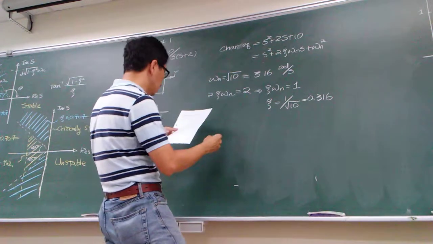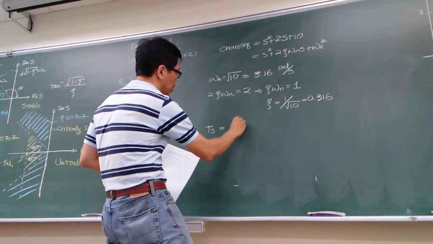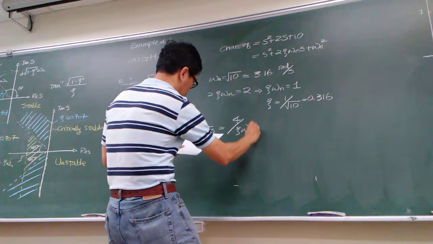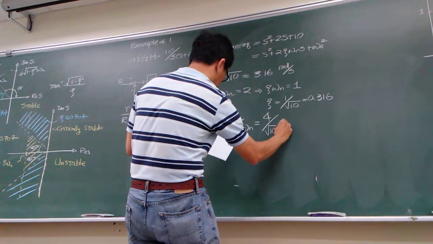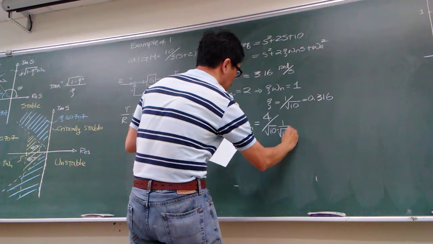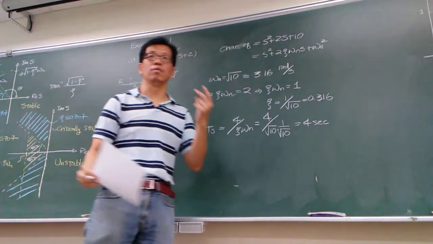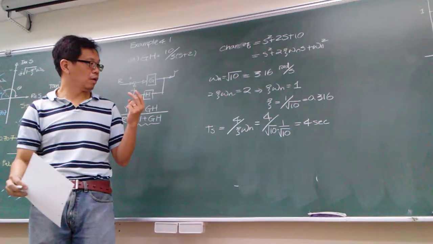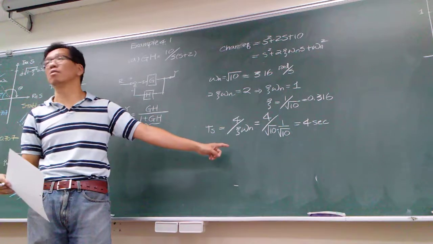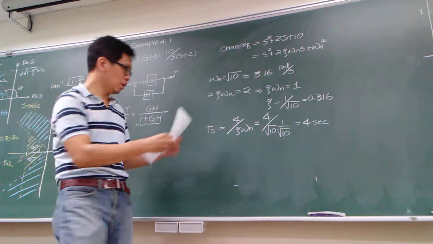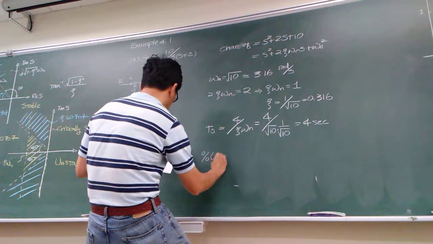So the next thing we want to do is settling time. We just adopt the formula. So in order to achieve 2% steady state error, you need to take 4 seconds. Next thing we want to talk about is percentage overshoot.